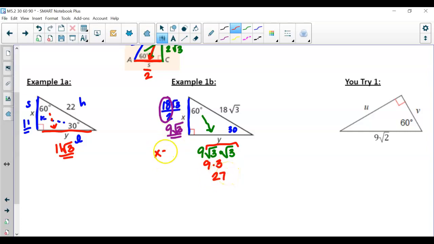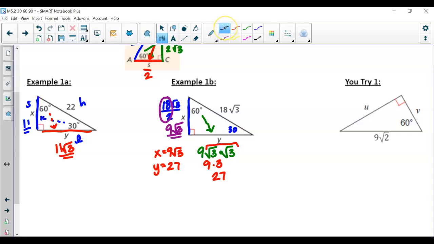So our short side x is 9 radical 3, and our long leg, opposite from 60, y, is equal to 27. Again, notice the pattern. We take the hypotenuse and divide it by 2 to get the short leg. The long leg is multiplying that short leg by radical 3. Go ahead and pause the video and try the Try It on your own.